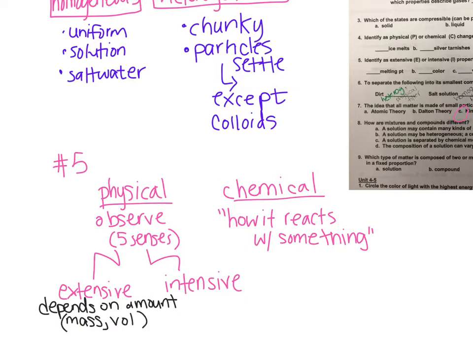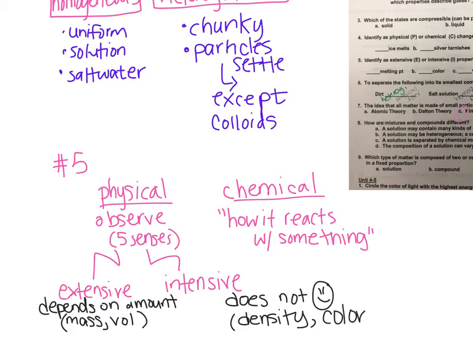Intensive, I'm just going to put does not. Smiley face. Halfway through the year. All right. So that would be like density, melting point, color, boiling point, all of those. And that's it for Unit 3. So I'm going to stop the video here and we'll start another one.